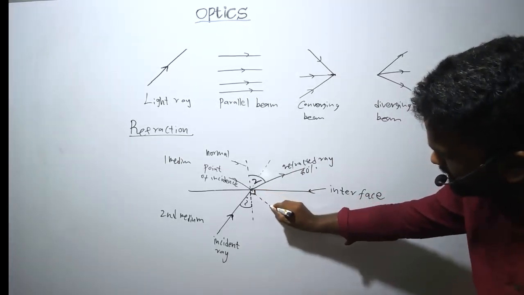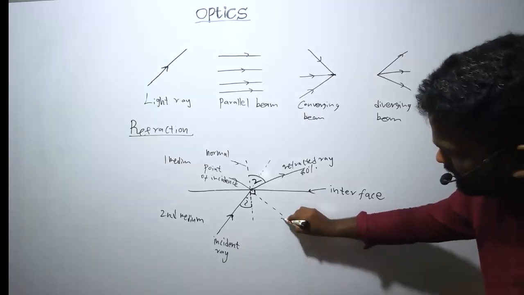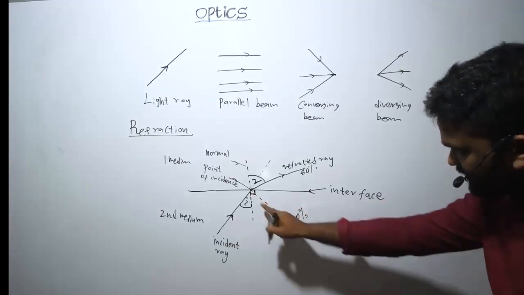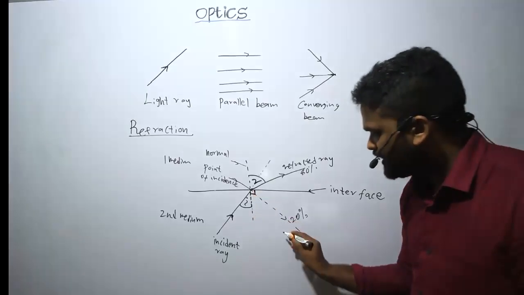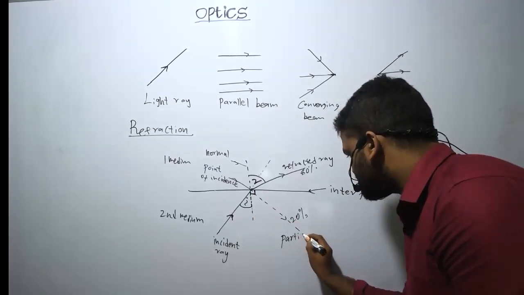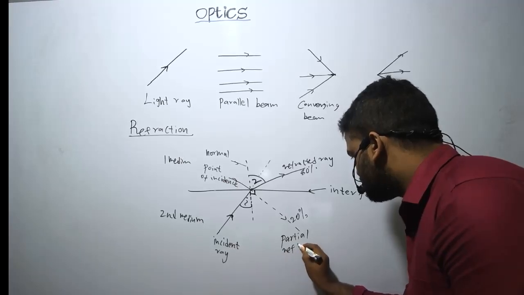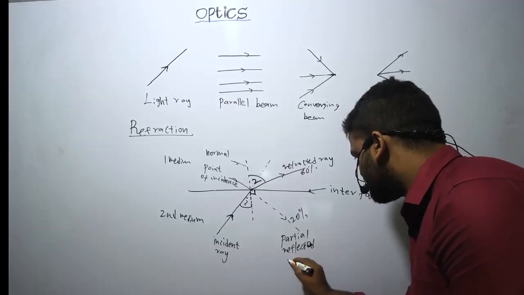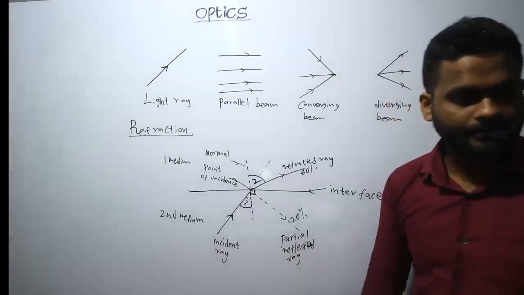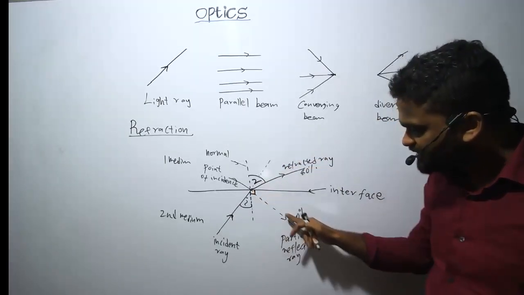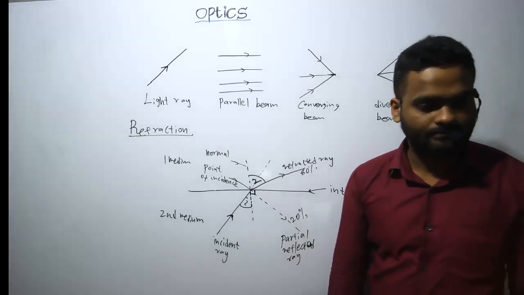This always happens. This ray is a partial reflection, the reflected ray. So whenever there is a refraction, there's always a partial reflection as well.